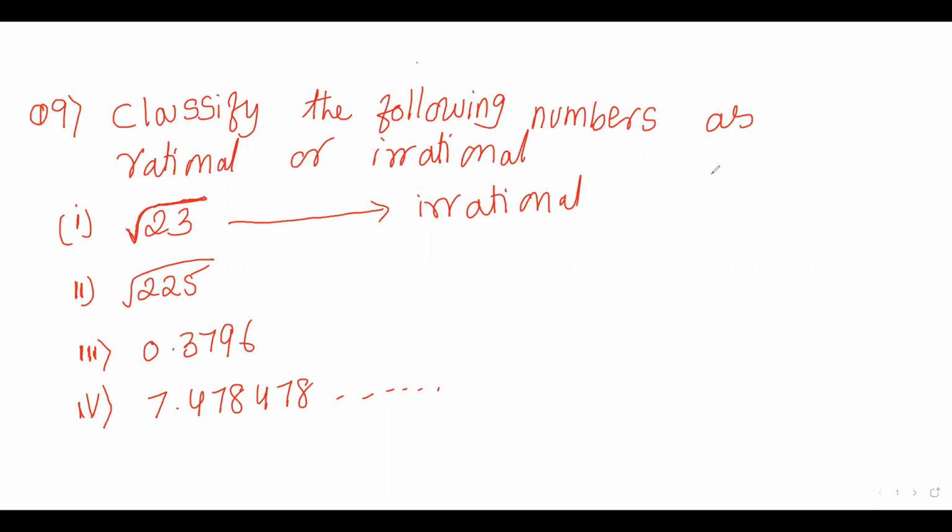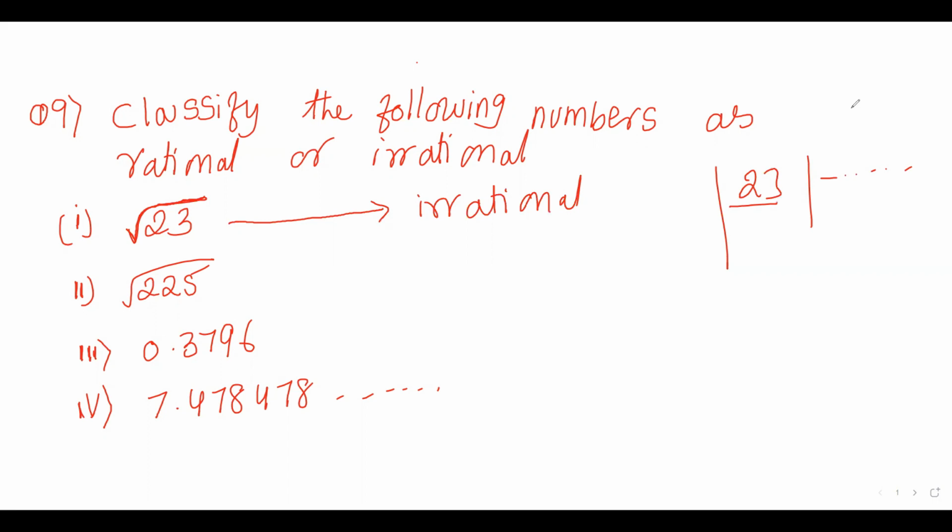If you find the square root of 23 by the long division method, the decimal form will be non-terminating, non-repeating. The decimal will never end and it will not follow any particular pattern.